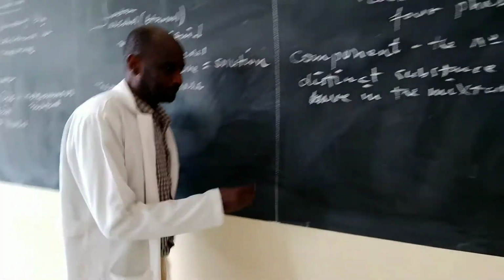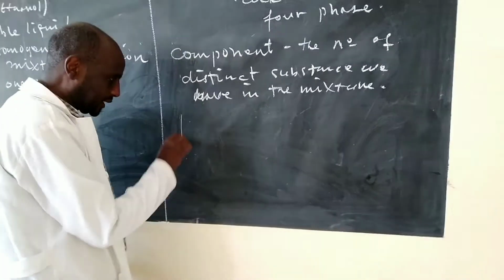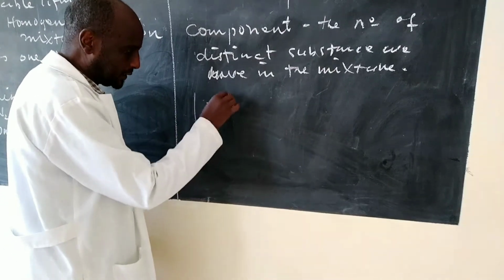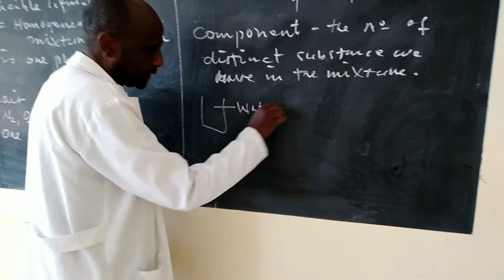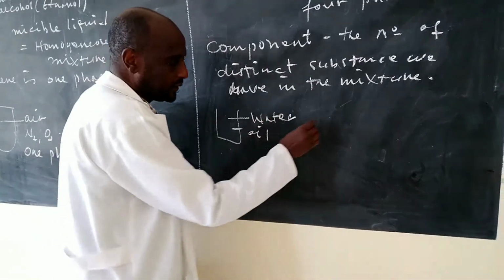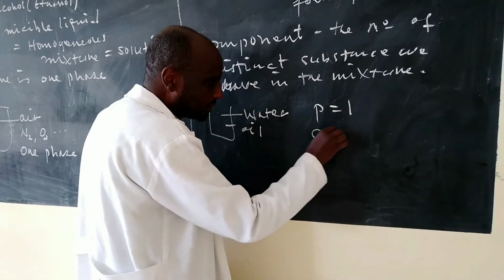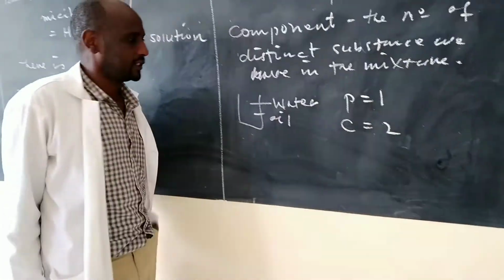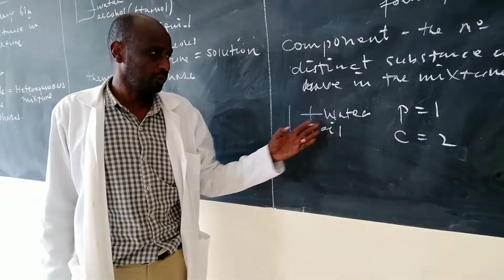For example, here let's say again we take water and oil. Here the phase is 2 and the component is 2.